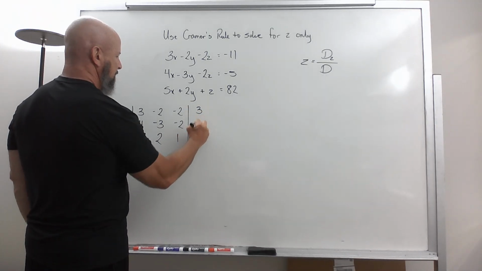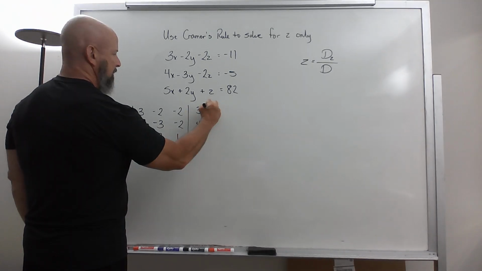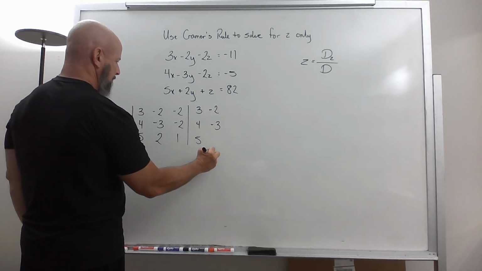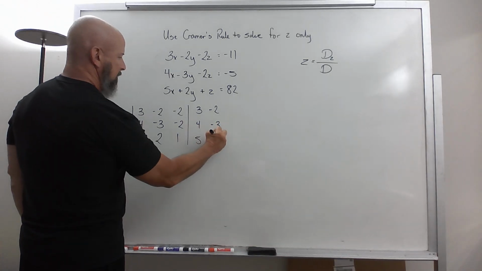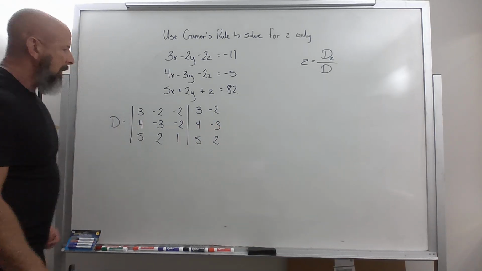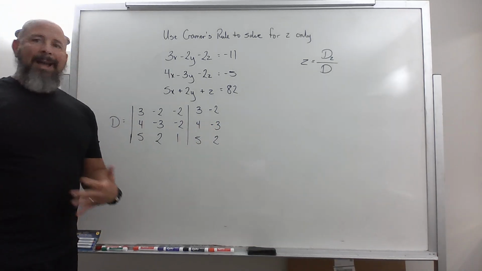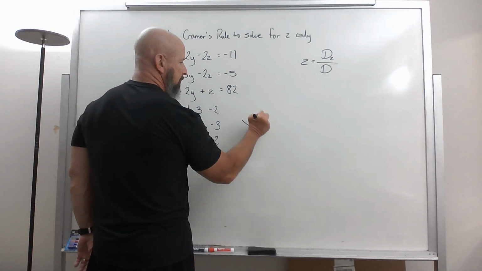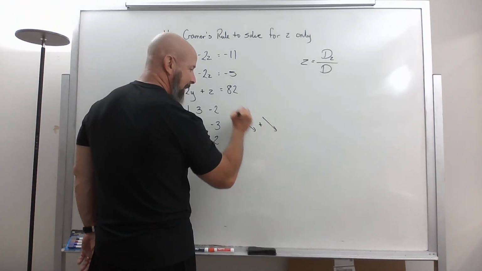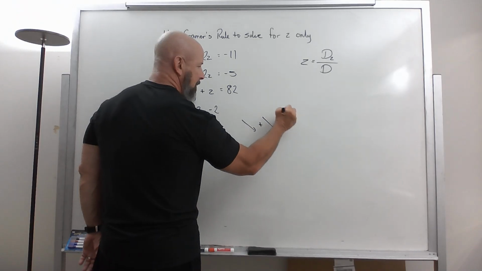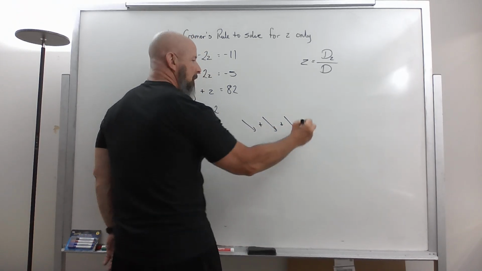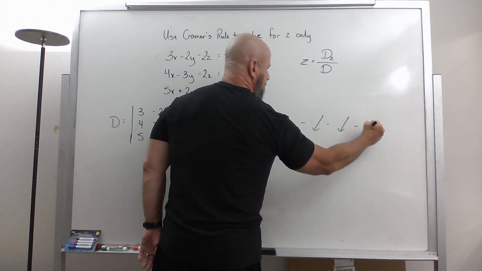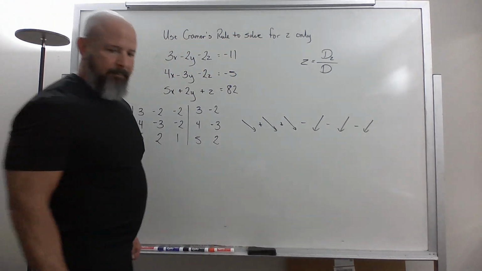So 3, 4, 5, negative 2, negative 3, 2. Okay. And then we're going to go diagonally this way. So we're going down, plus down, plus down, minus, coming back, minus coming back, minus coming back.